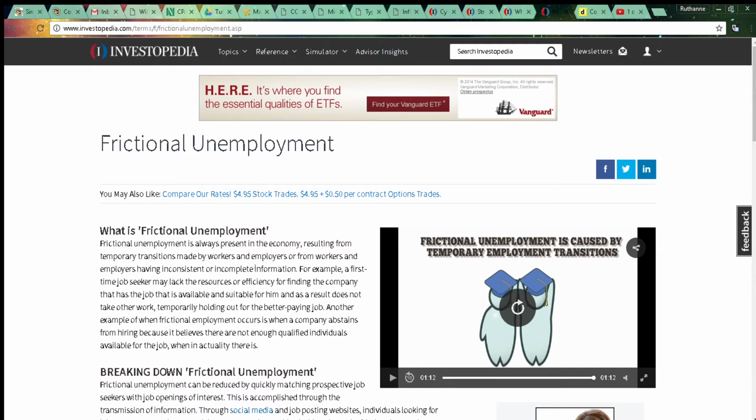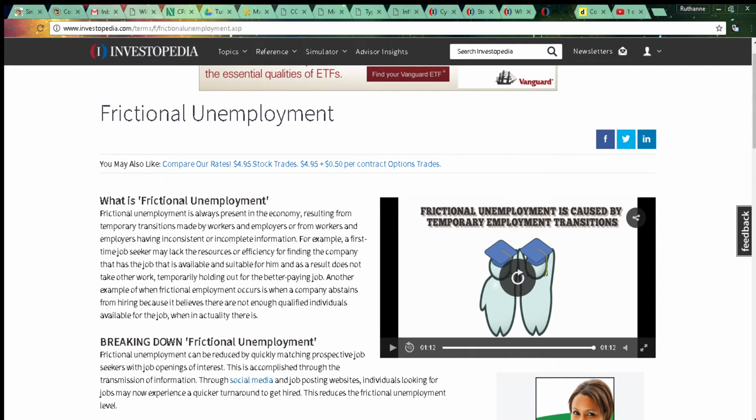Okay, we'll look at frictional unemployment as the last one. It is always present, so it's important to note that this is the kind of unemployment that's just unavoidable. It results from temporary transitions made by workers and employers, or from workers and employers having inconsistent or incomplete information.